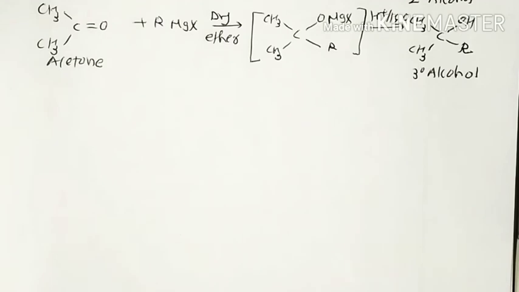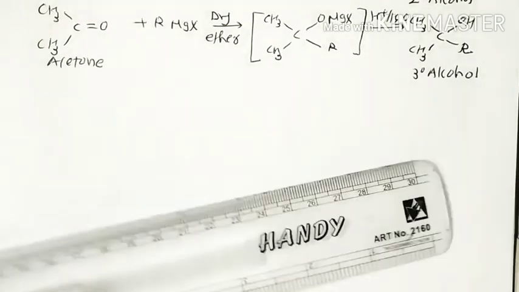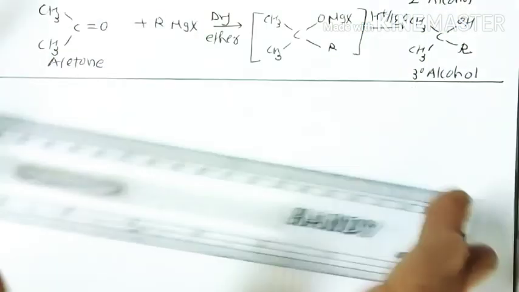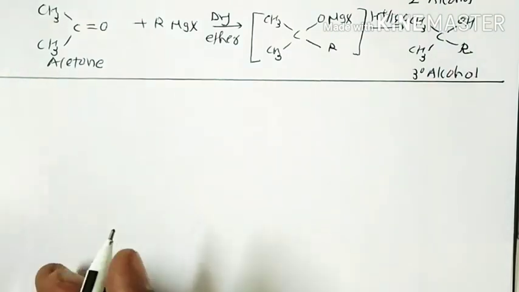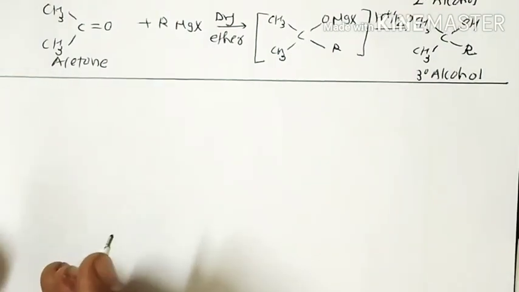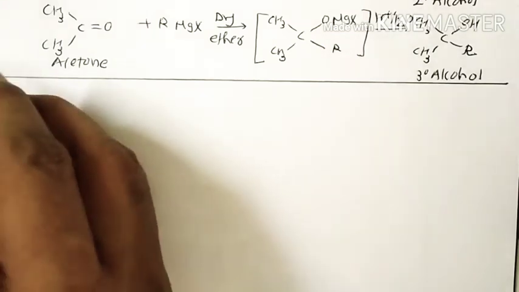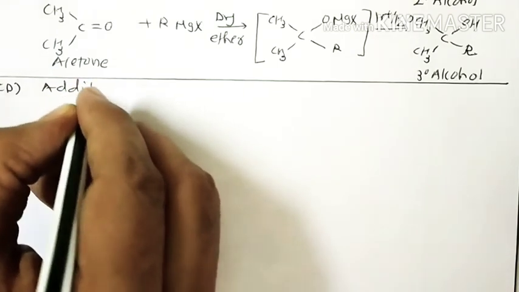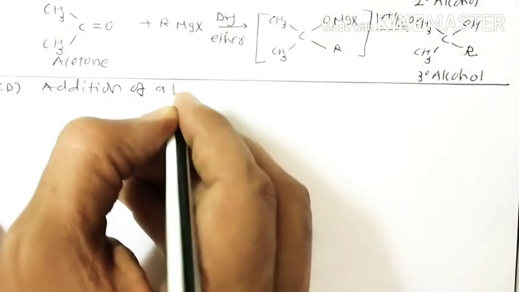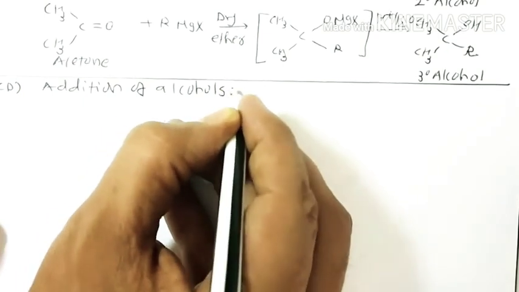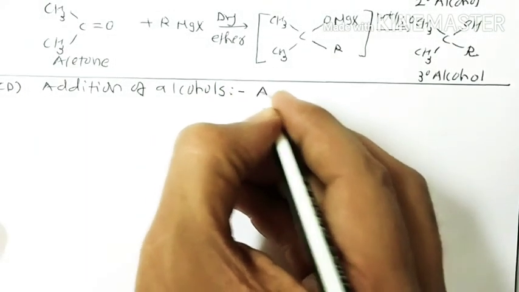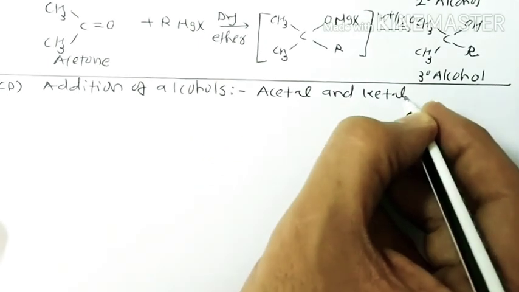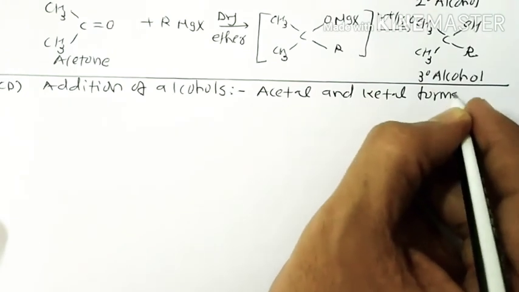Now we move to another nucleophilic addition reaction, which is the addition of alcohols. It is a very good reaction. This is number 4, or D: addition of alcohols, sometimes also known as acetal and ketal formation.